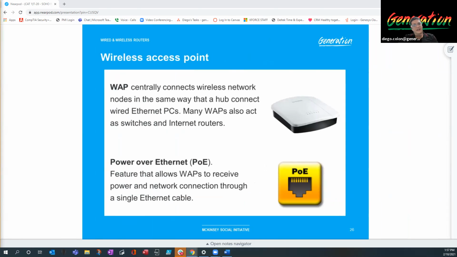As for your wireless access points, this is usually a wireless-centric node. That's the way that you're able to get onto the network. They come in different colors and sizes. They are capable of acting as switches or even routers if they have those functions built inside. You also have a feature called power over Ethernet.